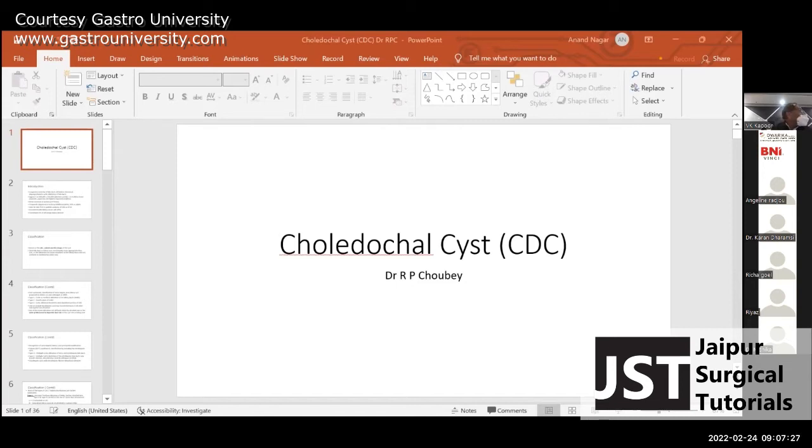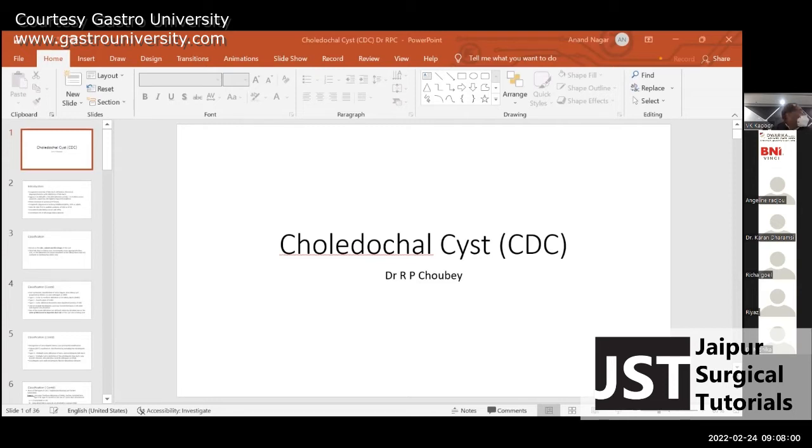This problem is frequently diagnosed in infancy and childhood. Almost 80% of the cases are diagnosed in infancy and childhood, while only 20% of the cases are reported in adults. Vater and Ezler were the first to publish the anatomy of choledochal cyst way back in 1723.